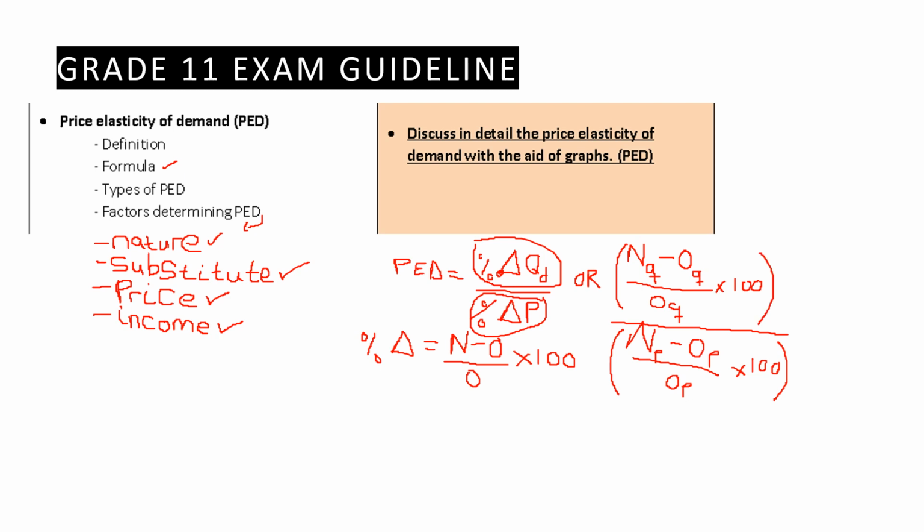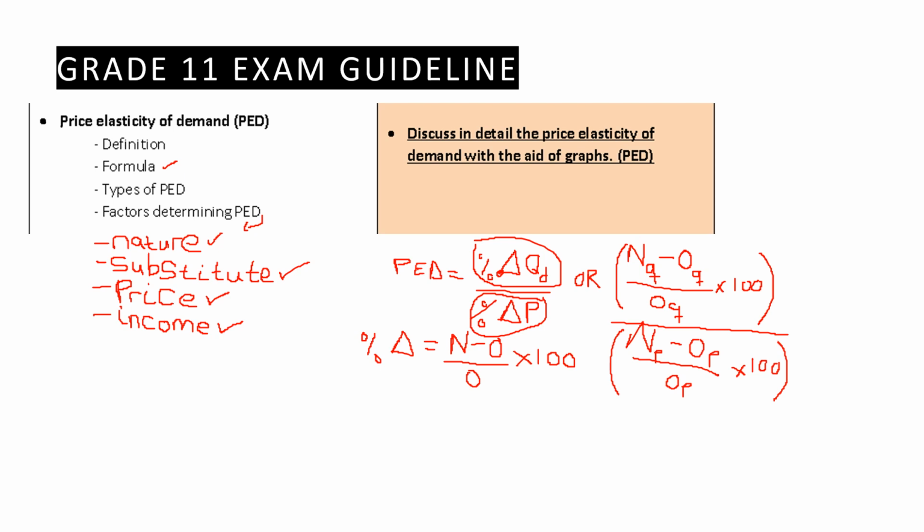You will now need to note that new price minus old price divided by old price times 100 is calculating the percentage change in price. And with new quantity minus old quantity divided by old quantity times 100, in this whole bracket they are calculating percentage change in quantity demanded.